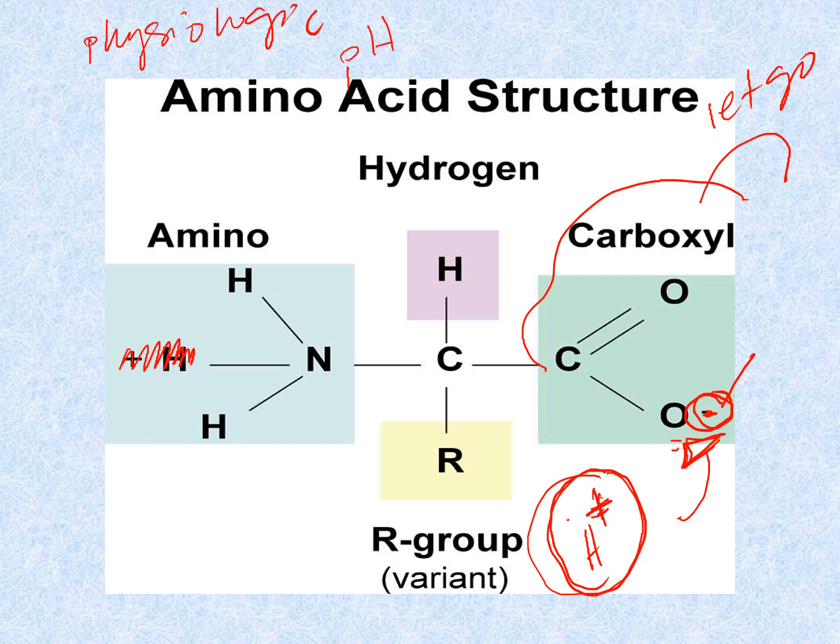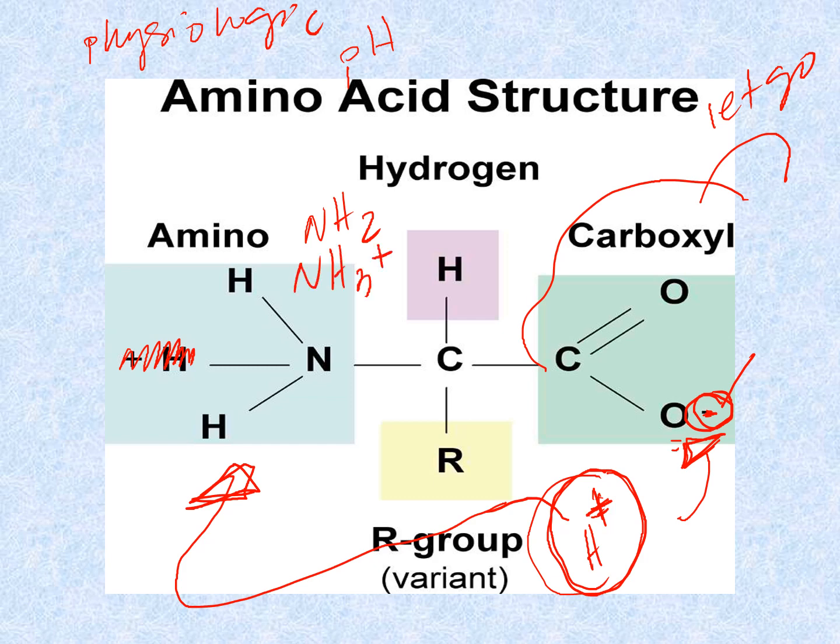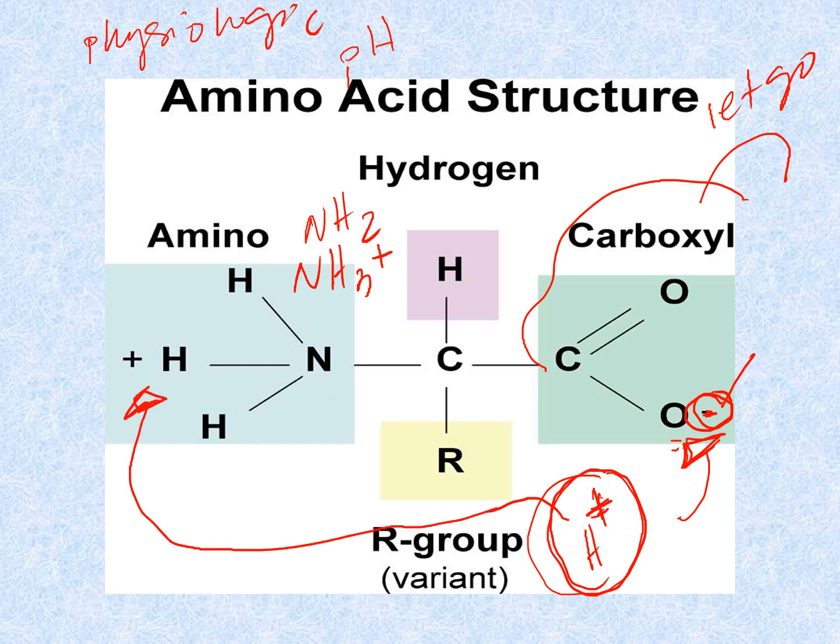Now, what will happen to the hydrogen atom that was let go by the carboxyl group? The hydrogen atom will go to your amino group. It will be attached to your amino group. From NH2, it will become NH3 plus. It will now carry a positive charge because your hydrogen atom again is a positively charged molecule.